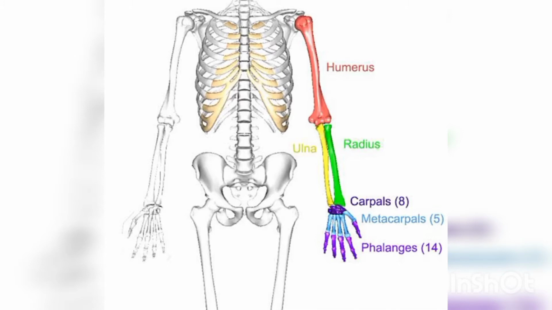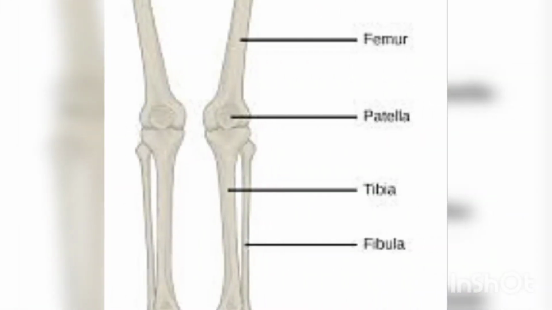The longest bone in the hand is known as the humerus. The hind limbs consist of different small bones, and the largest bone in the leg is known as the femur. So these are the different limbs in our body.